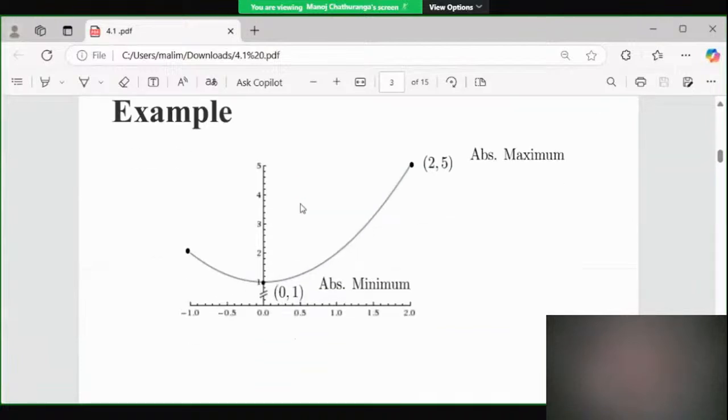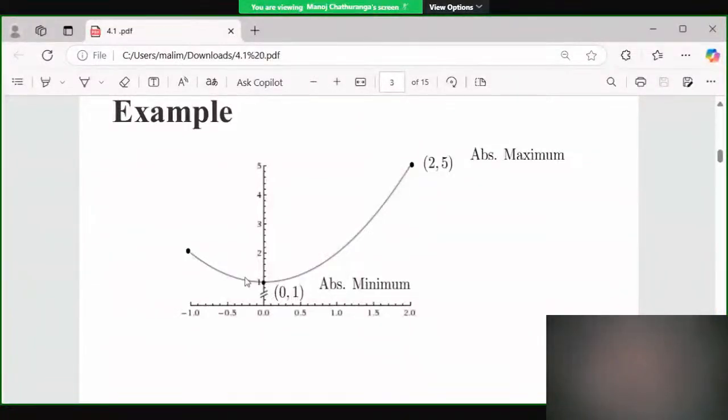So you can see those from this graph. This is like a part of a parabola. At point (2, 5), your function has reached a maximum point, and that maximum point is bigger than any other function value. And at point (0, 1), the function reached a minimum point, and that minimum is the smallest function value.